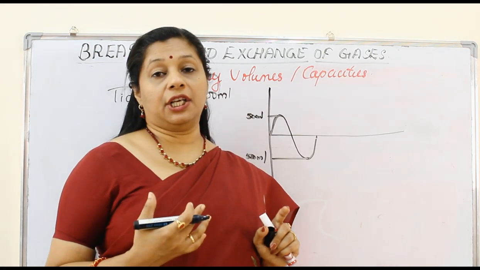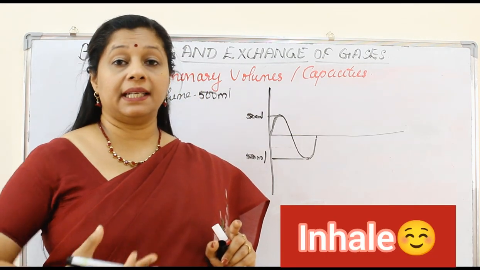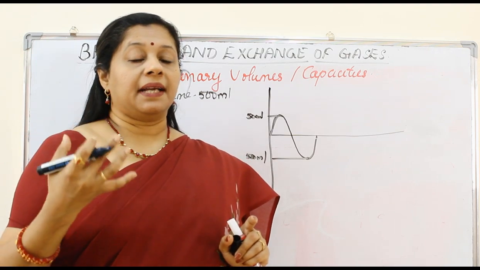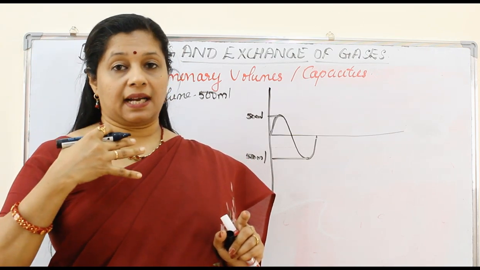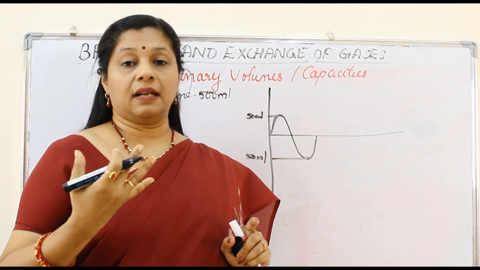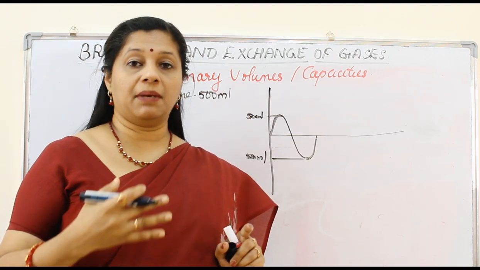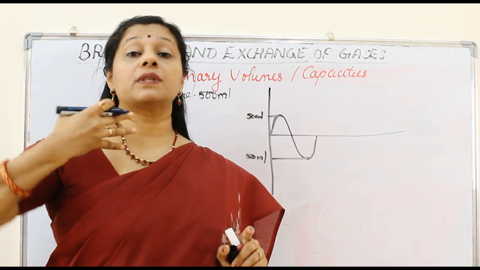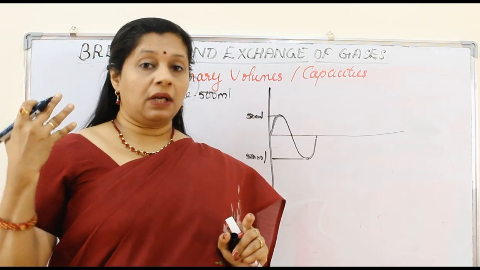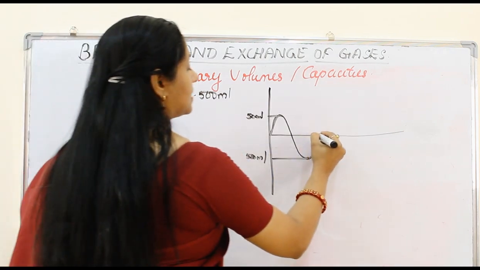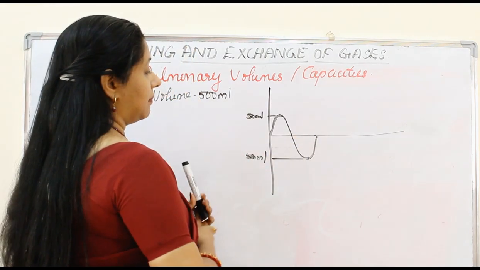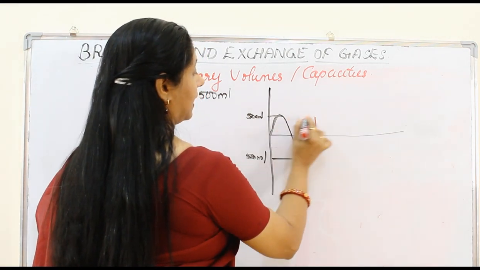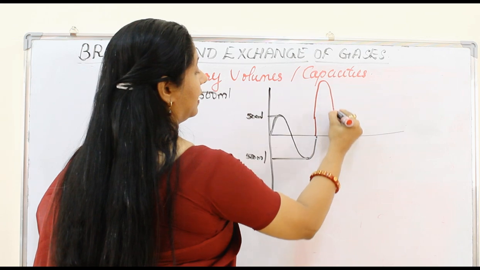I have an ability to inhale more air by deep breathing. So here what am I doing? I am taking some extra air into my lungs more than the tidal volume. Before I was taking only 500 ml, but now I am increasing my capacity by taking a forceful inhalation. Now I am inhaling very forcefully. So this was 500, but now it is going very high.